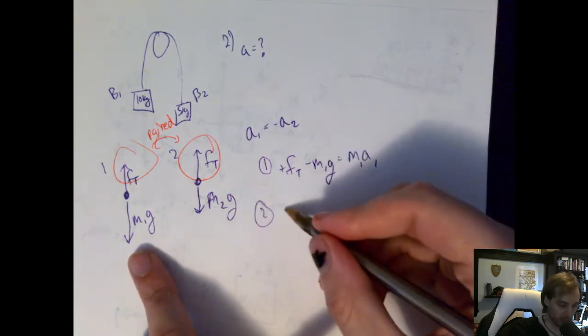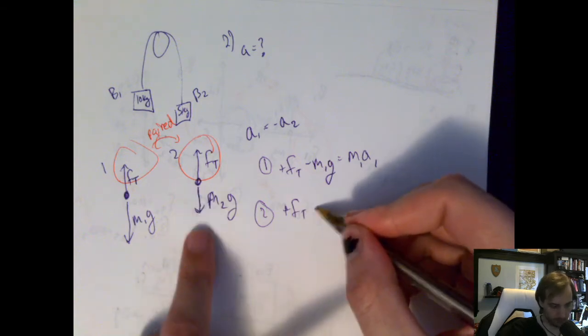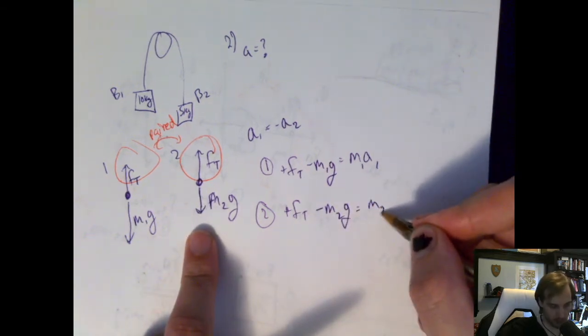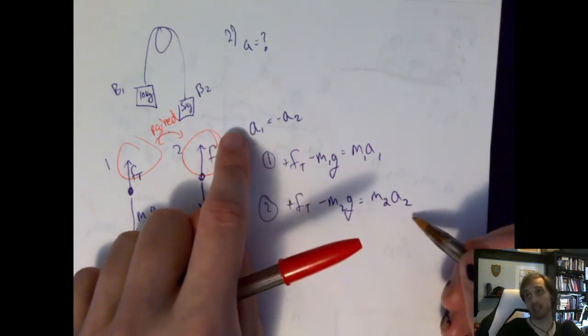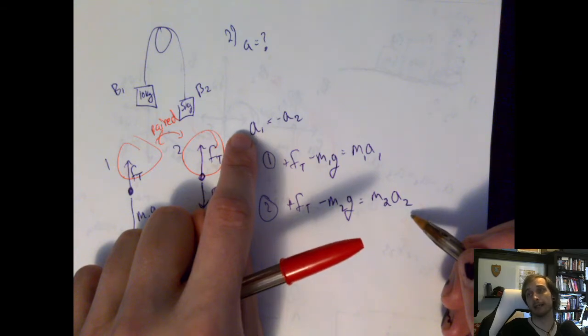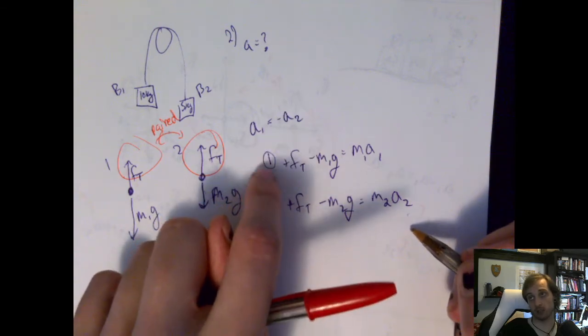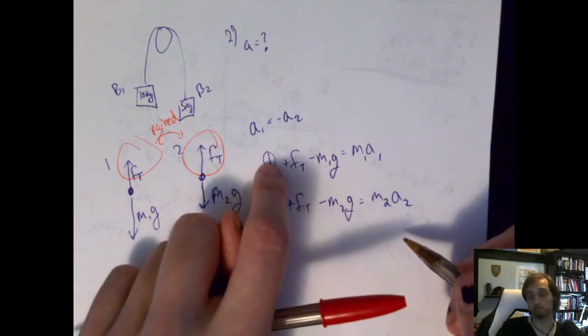For the second one, it'll be Ft is going up, M2G is going down. That equals M2A2. And you can solve this by replacing A2 with negative A1. When you do that, you'll have a system of equations, two equations, two variables, and you can solve it.